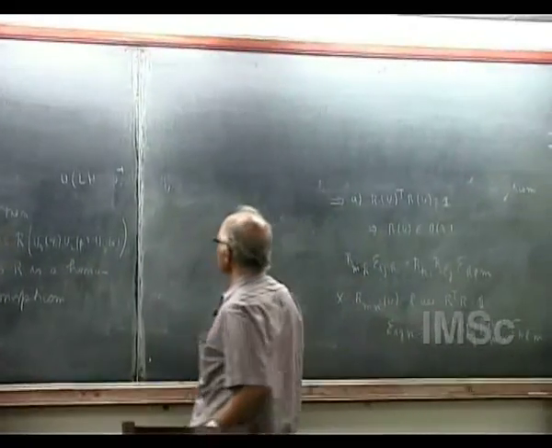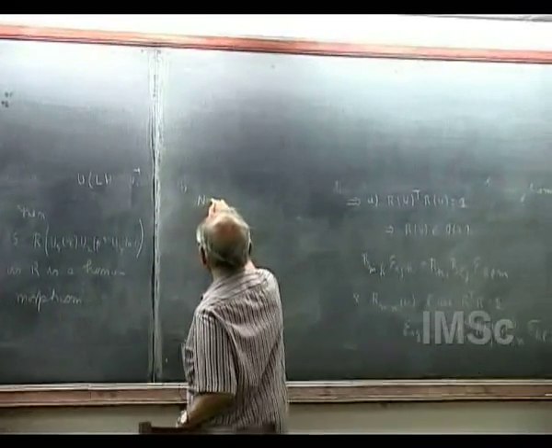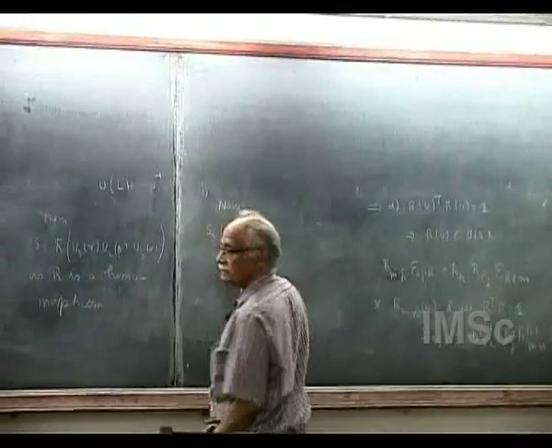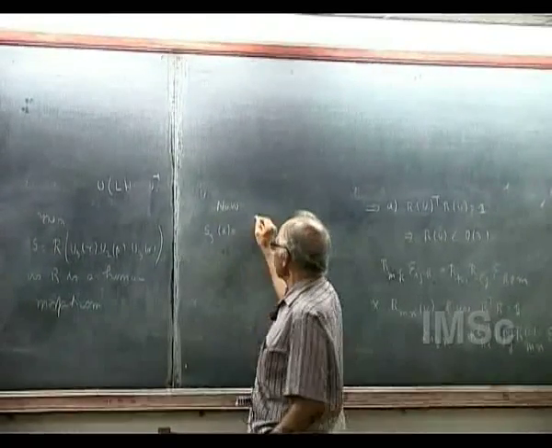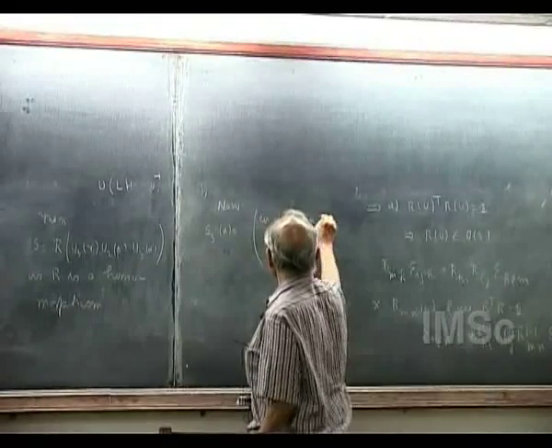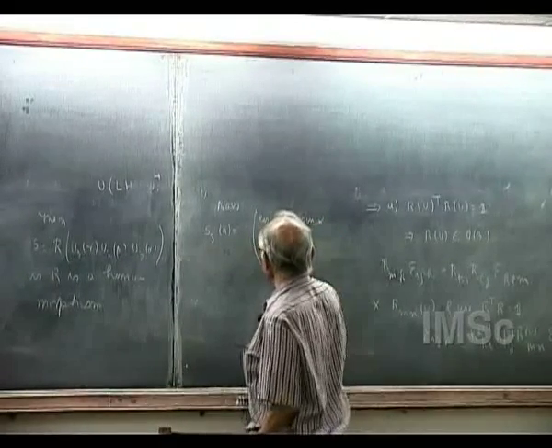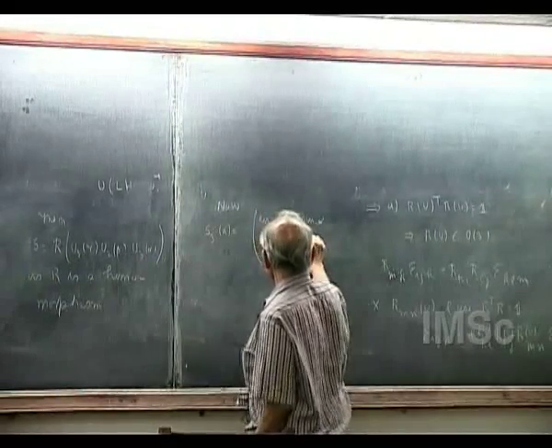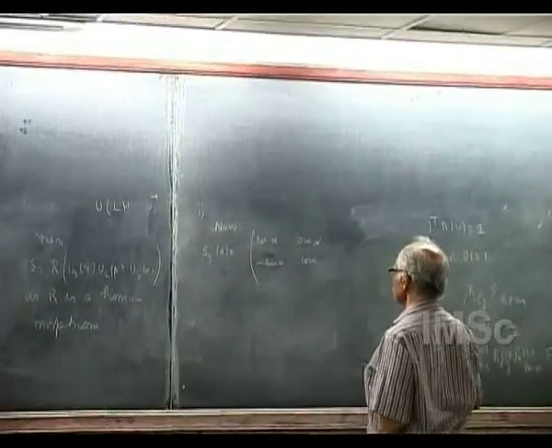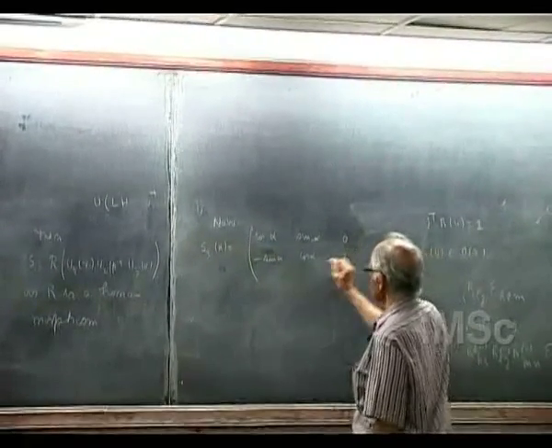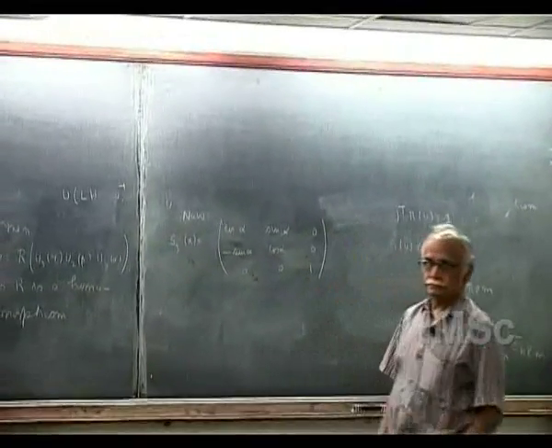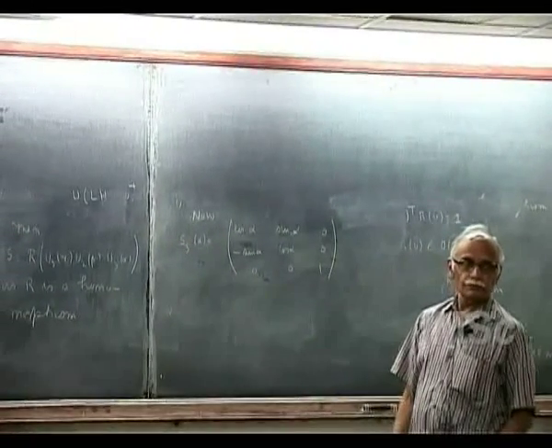Now S3 of alpha, so 3 by 3 matrix, and the equation is cos alpha, sin alpha, minus sin alpha, cos alpha, zero zero, 0 0 1. Okay.